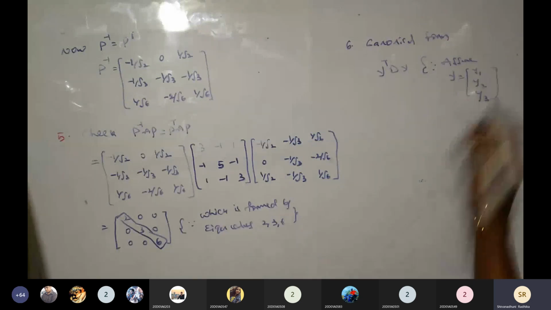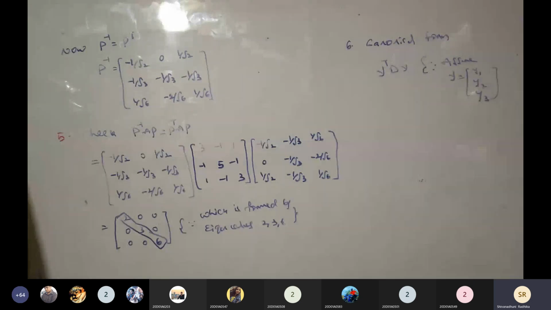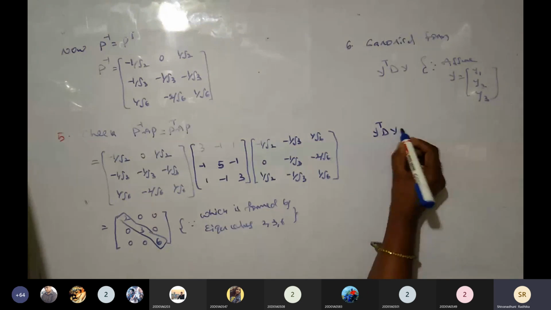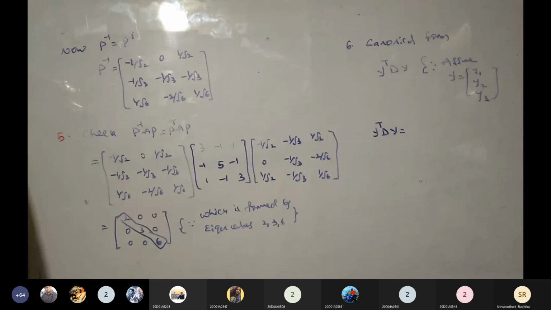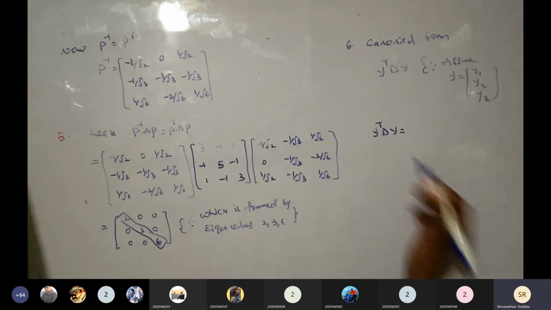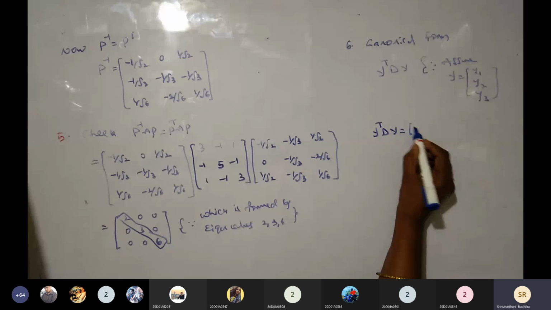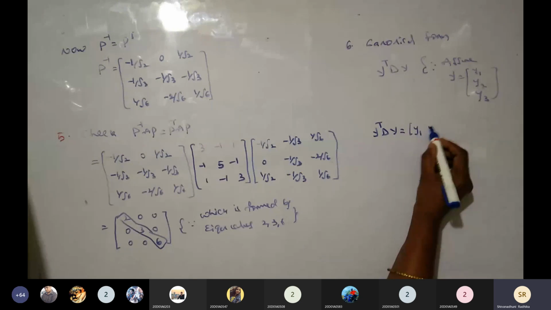We need to assume one matrix, a variable matrix which is different from the given capital X matrix. Now Y transpose DY, so that is equal to what here? Y transpose is nothing but the row matrix y1, y2, y3.